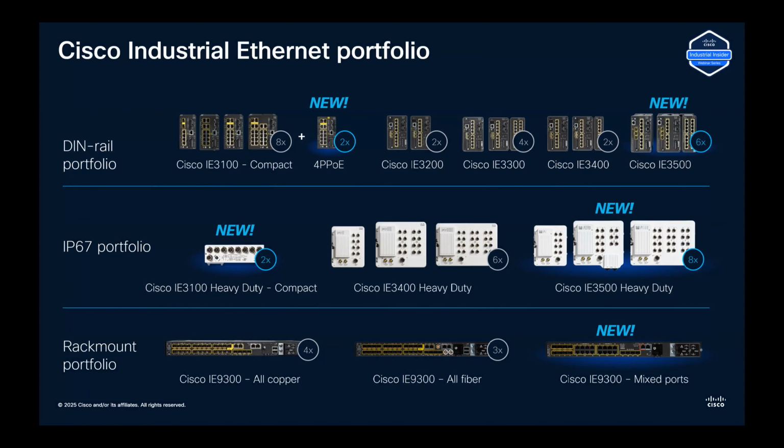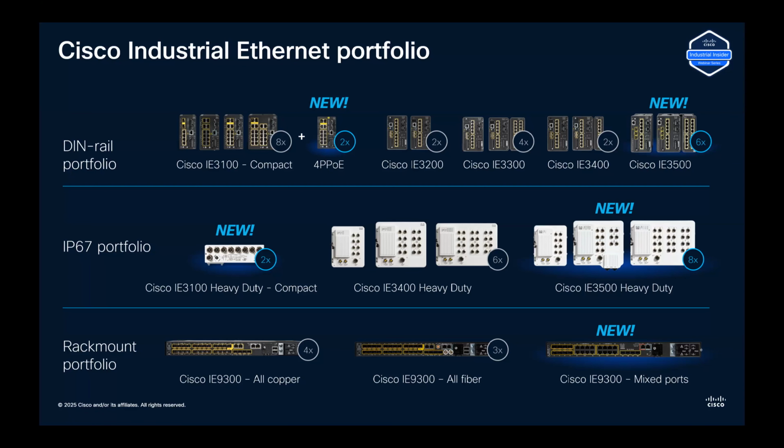These are compact switches, and we call them Cisco IE 3100, IE for industrial Ethernet, 3100, 3200, 3300, 3400, and the latest one is the 3500 switch. They are quite different from switches that go into racks. These are compact switches which typically mount on rails, inside cabinets in industrial spaces.